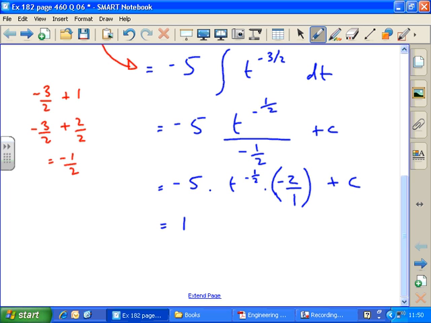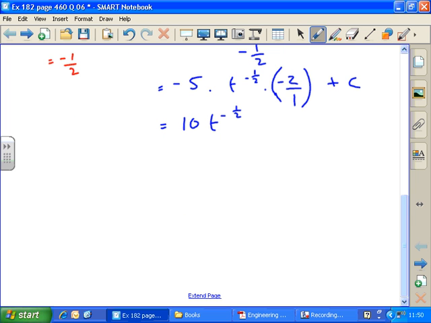So this becomes 10 t to the minus a half. Minus means inverse, so we could rewrite that as 10 over t to the half plus c, of course. And then the half means the square root, so this becomes 10 over the square root of t plus c.